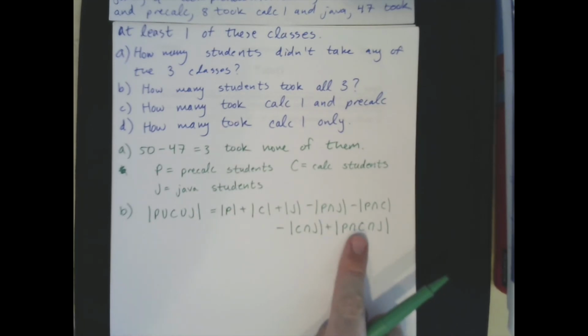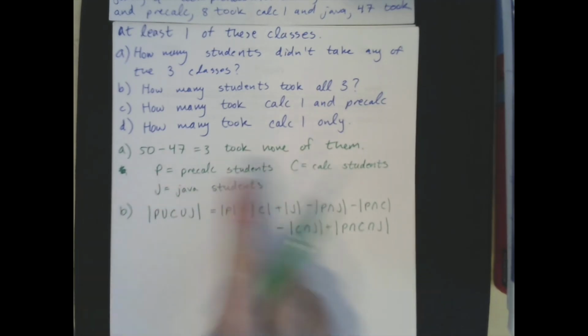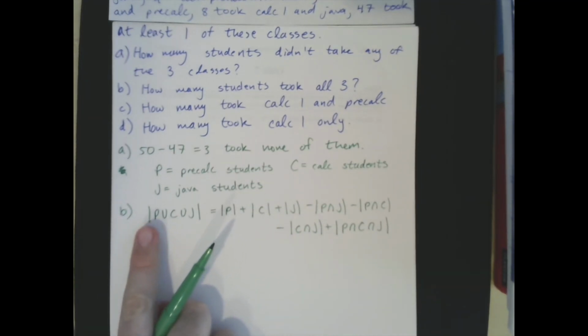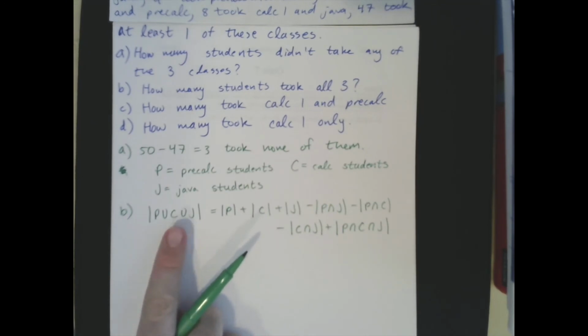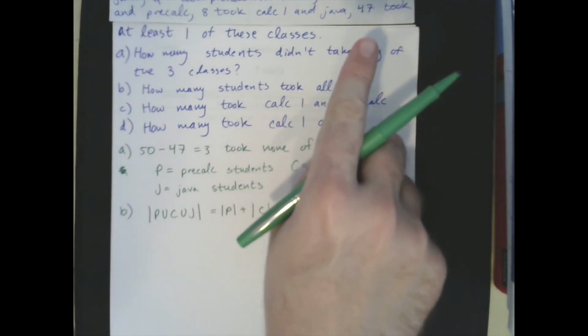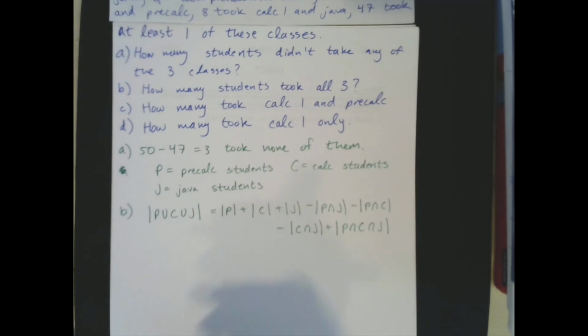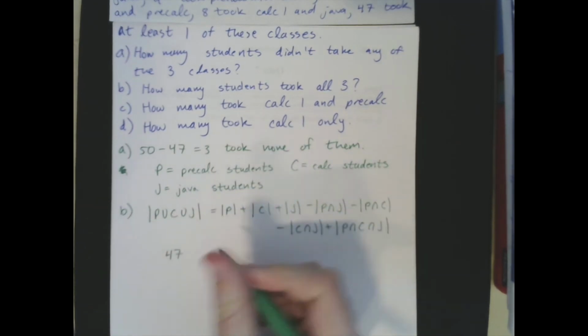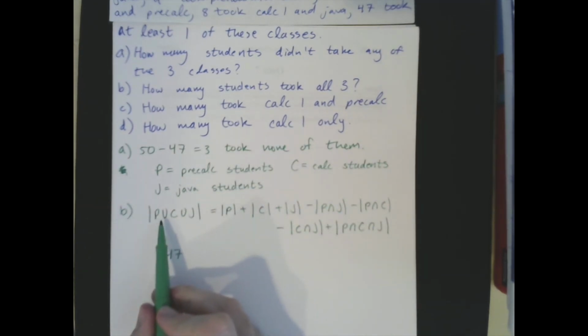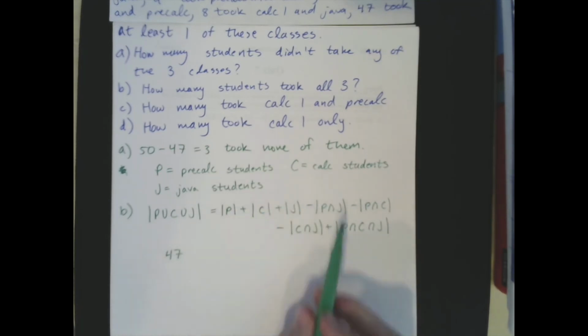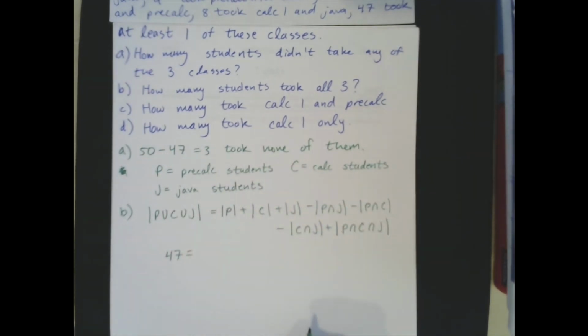Now the reason we use this is because we know what all of these three things are. So the students in P, C, and J make up the students that took at least one, and that's 47. So there's 47 students that show up in total here, because we know that this construction will eliminate the overlaps.